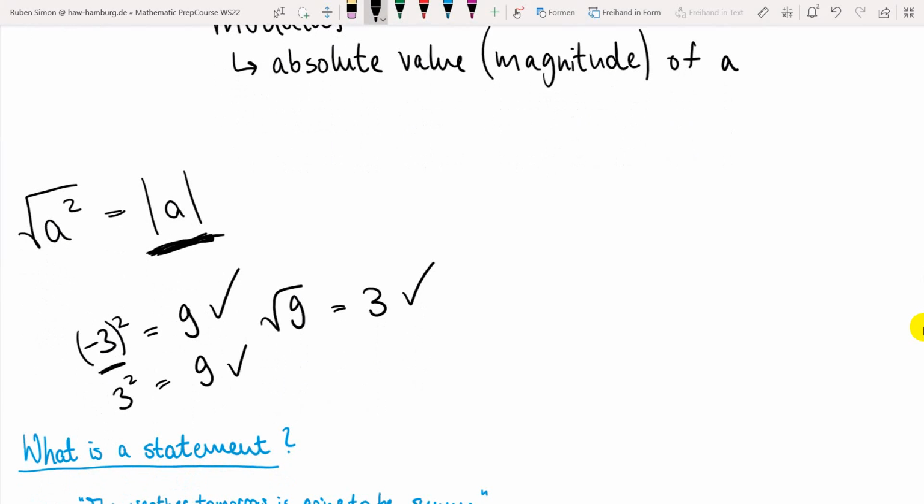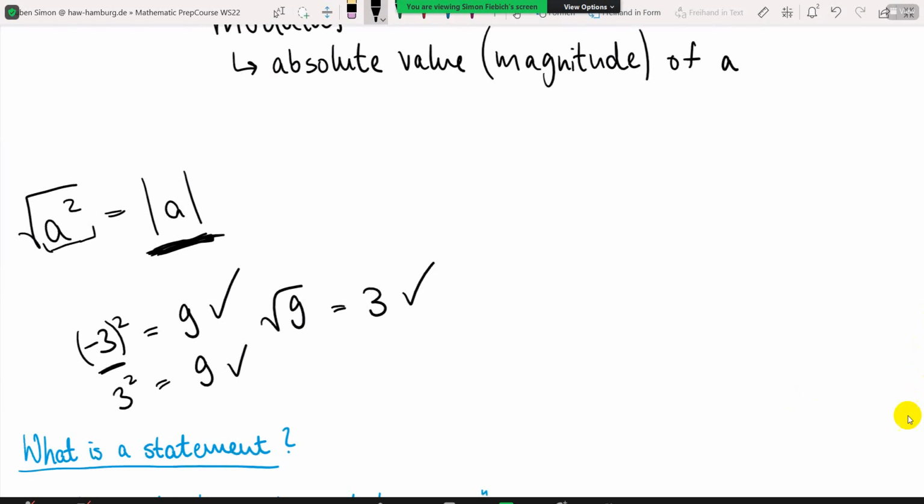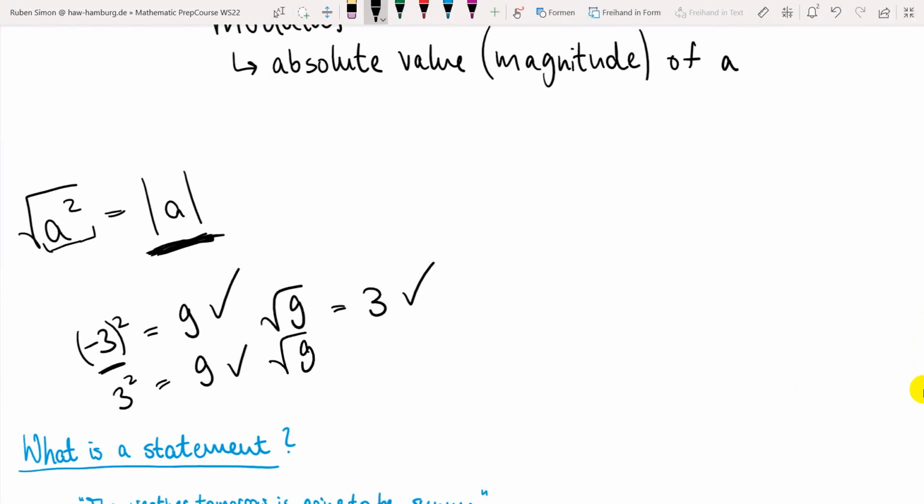And then you're taking the root out of a squared as a whole new term. So you're taking the root out of 9 in both cases. And this, in both cases, will be positive 3. So the root out of a positive number will never be negative 3. And this rule still is valid.